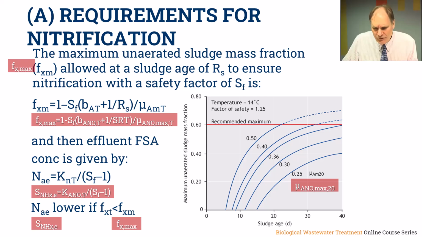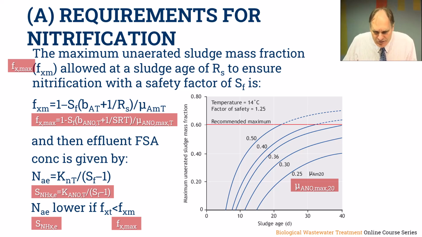So, for example, a maximum specific growth rate of 0.4 per day for the nitrifiers, if the sludge age is 8 days, the whole system has to be aerobic because the maximum unaerated sludge mass fraction that I'm allowed is 0. Then as the sludge age begins to increase, I'm allowed to include a reactor that has a certain unaerated mass fraction.